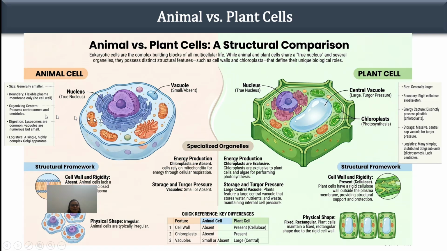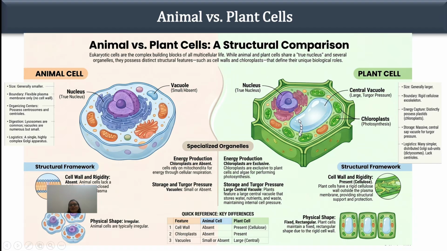In the animal cell there is an organizing center, the centrosome and centrioles, that may play a role in cell division, while in the plant cell an energy capture system is present, the chloroplast. In the animal cell the chloroplast is totally absent.